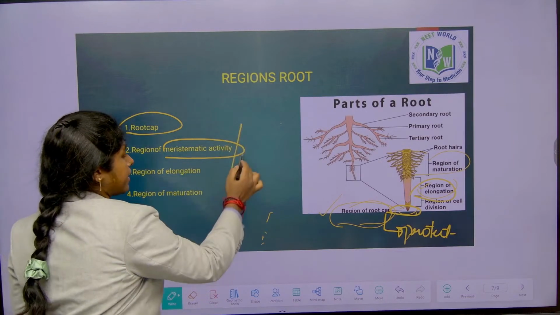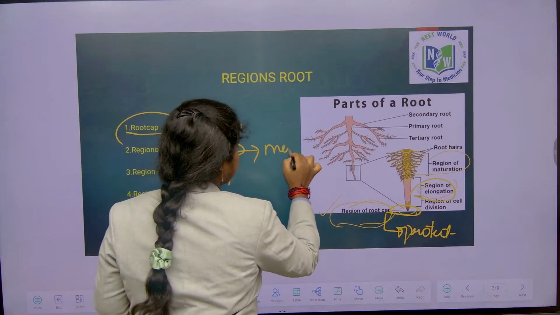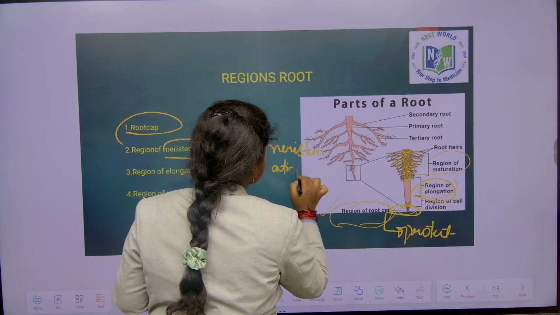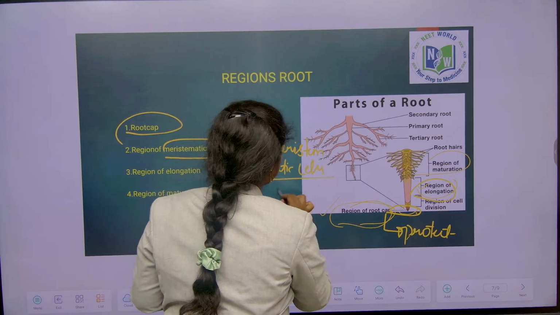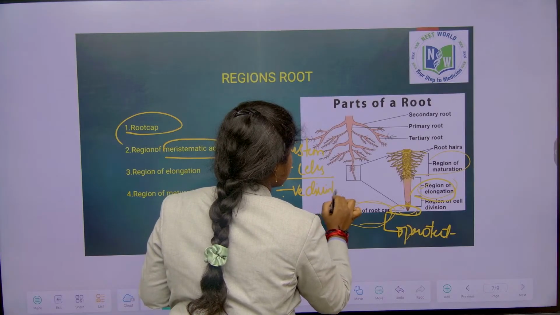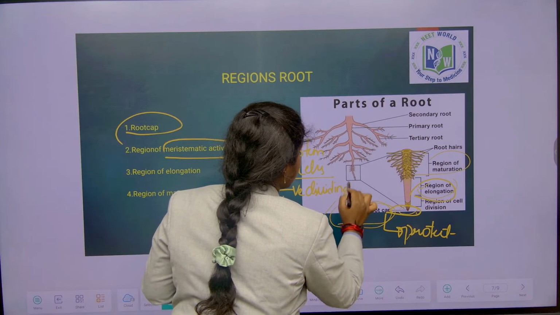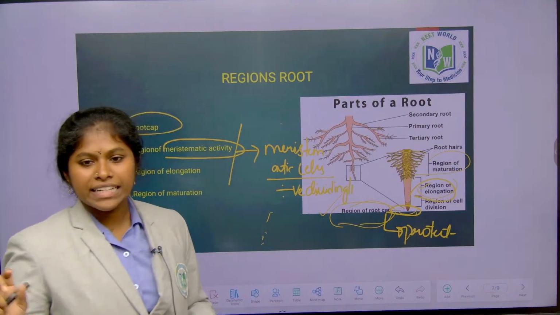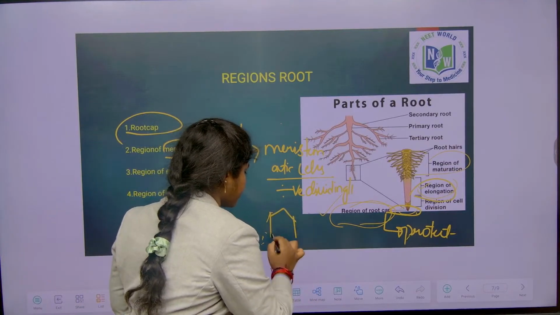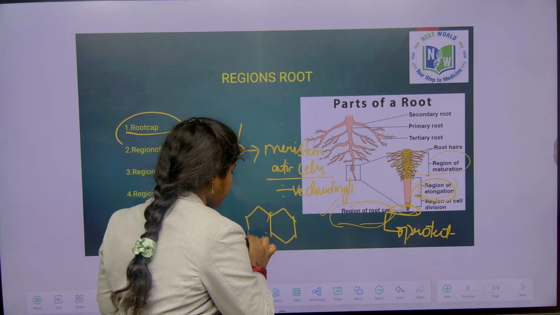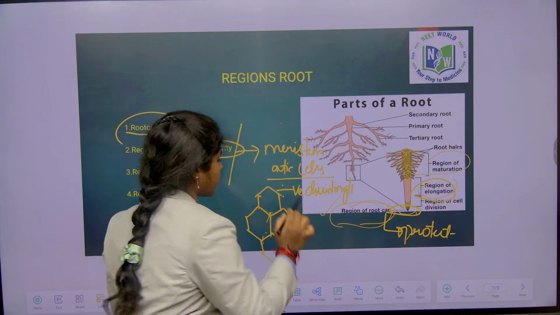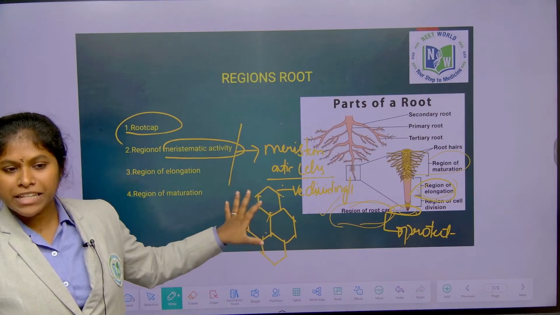The meristematic region has meristematic cells, which means they are actively dividing cells. These are the meristematic cells.